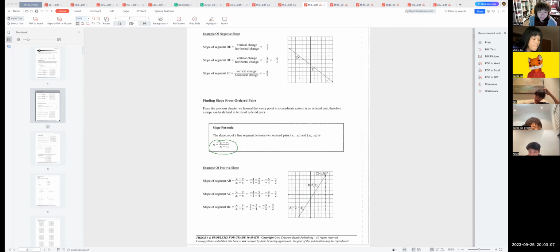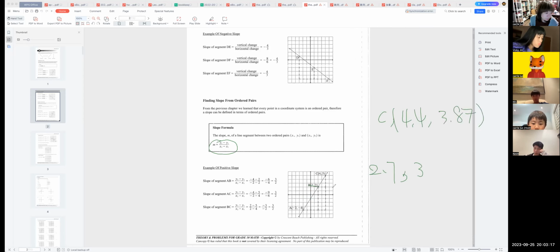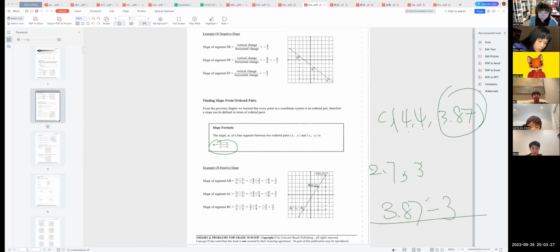For instance, if B is (2.7, 3) and C is (4.4, 3.87), then you can't count blocks anymore. So you have to use y2 minus y1 over x2 minus x1. Get it, everybody? I want you to understand both ways.